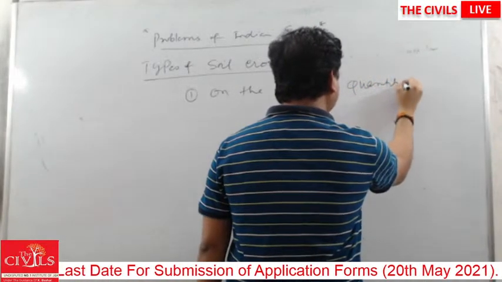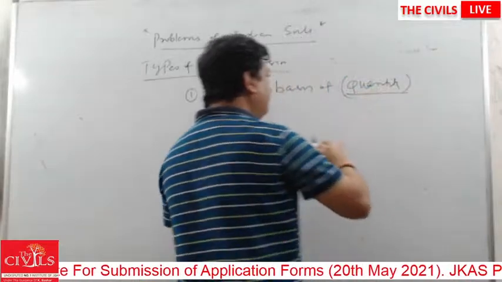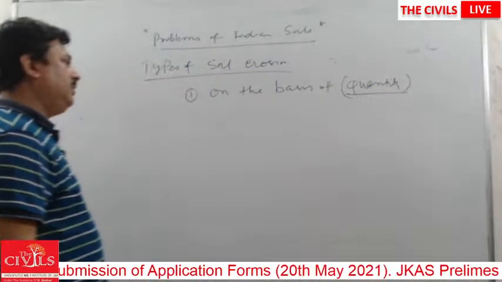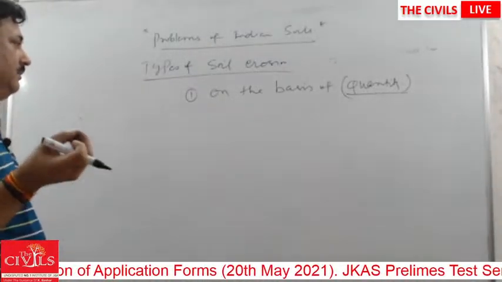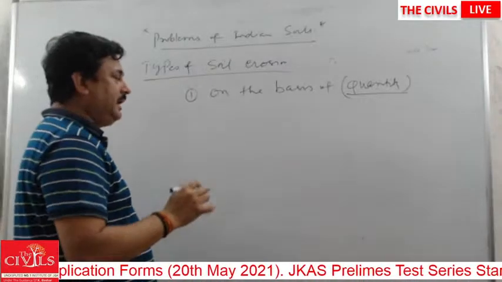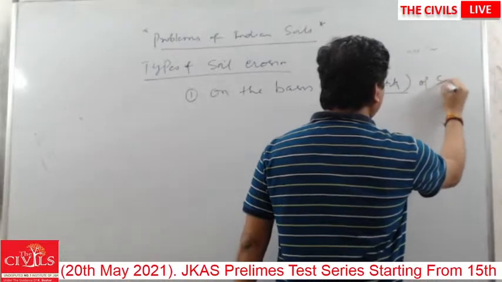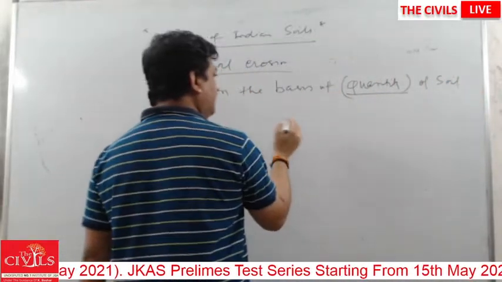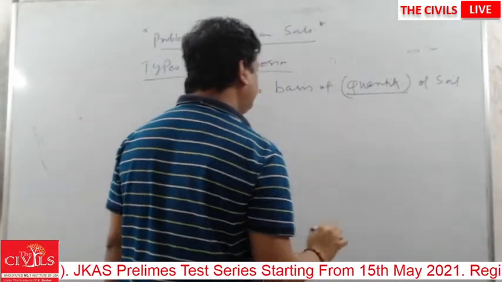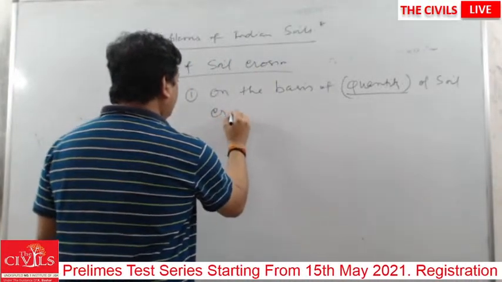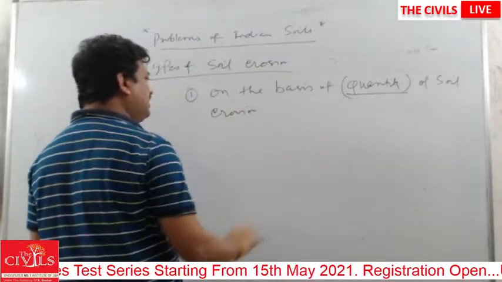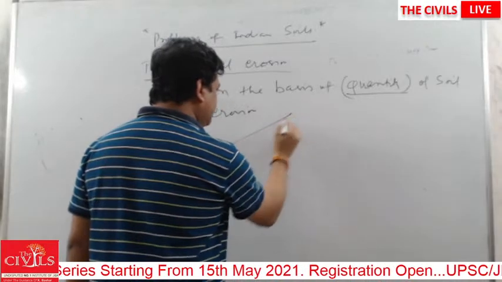Here quantity means the amount of soil particles removed. On the basis of quantity, soil erosion is of two types.